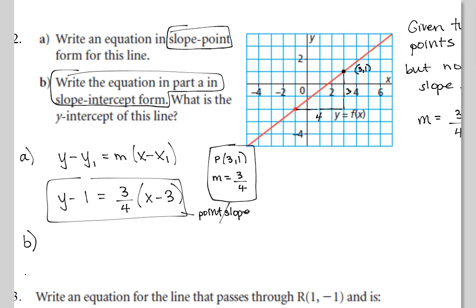And I'm going to do some algebra to make it into y equals mx plus b. The first thing I'm going to do is distribute 3/4. So 3/4 goes in and multiplies.